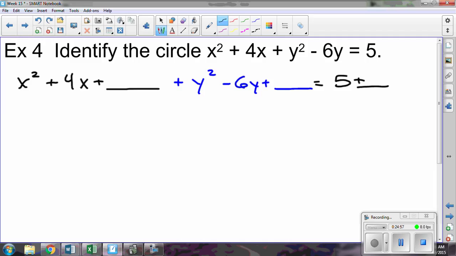And so we're looking and saying, what are the missing pieces? Complete the square 2 times so that we could rewrite it into standard form. Well, over here in the black on the x squared, what's the missing piece?